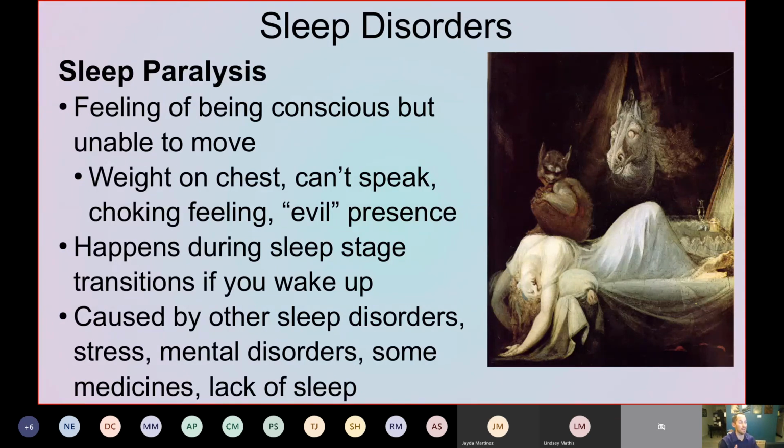So a good way to say it does prevent us from acting out our dreams. And so if sleep paralysis is happening to you really frequently, it's definitely something that can be treated. So talk to a doctor about any of these sleep conditions. Other sleep disorders can trigger sleep paralysis, as can stress and mental disorders. Some medicines can cause it to happen. Lack of sleep can cause it to happen as well.